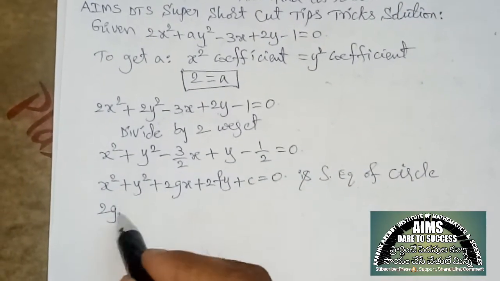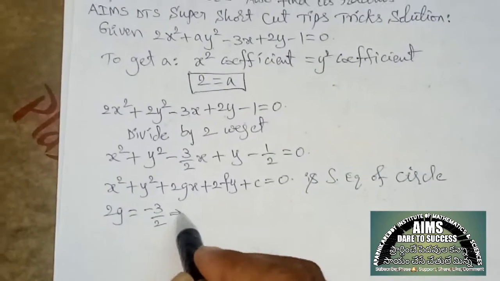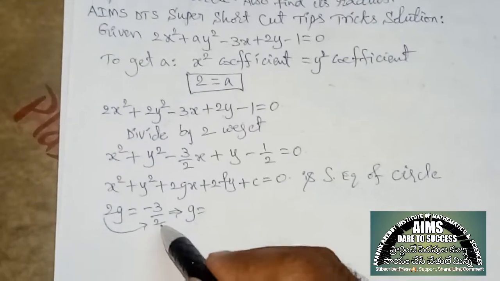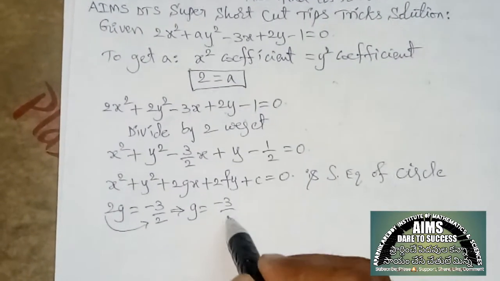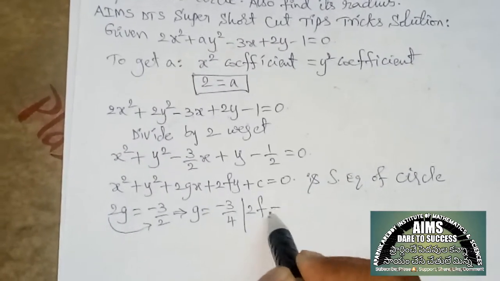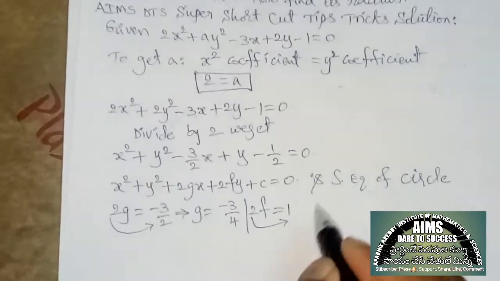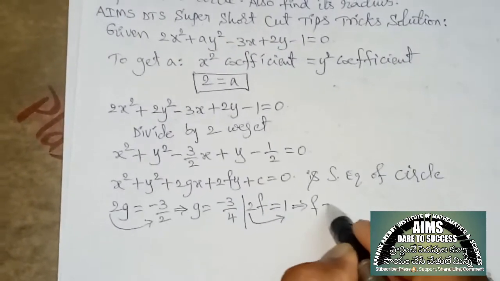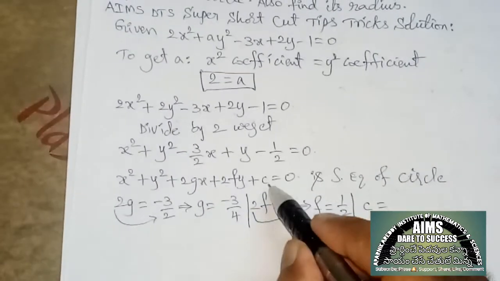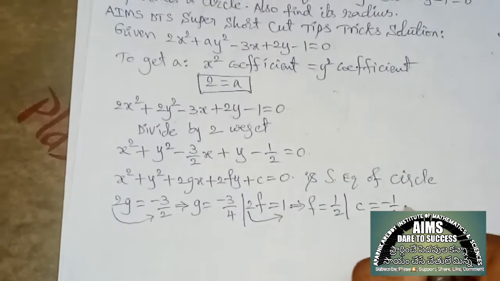Comparing x coefficients, 2g is equal to minus 3 by 2, which implies g is equal to minus 3 by 4. The y coefficient is 2f and here the y coefficient is 1, so f is equal to 1 by 2. Next, the constant value is c, and in this equation the constant is minus 1 by 2.